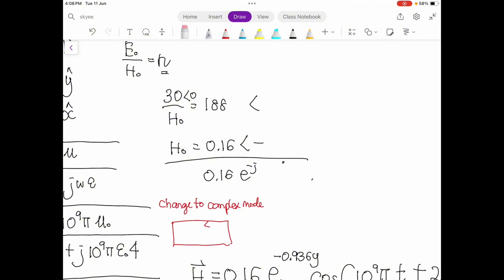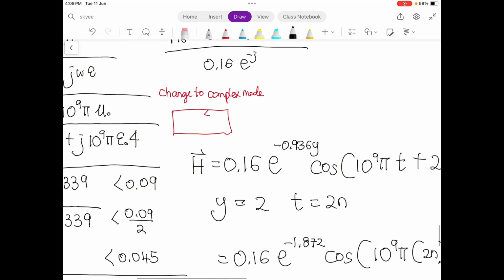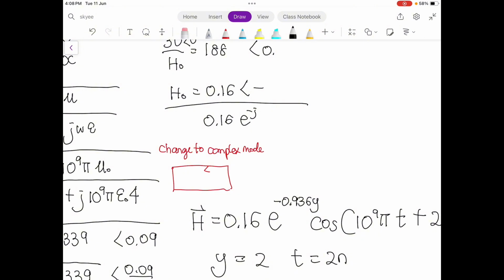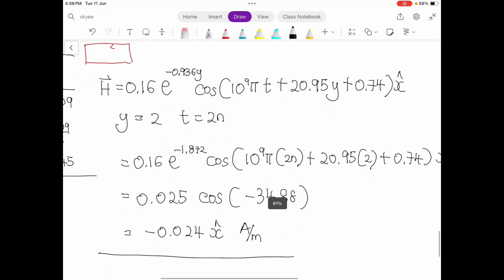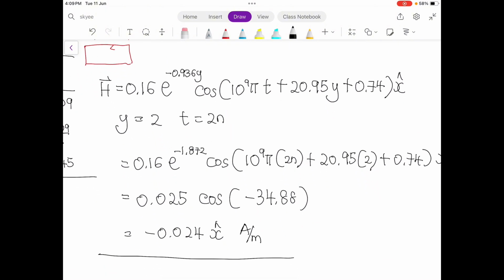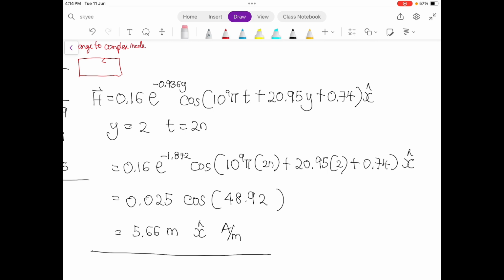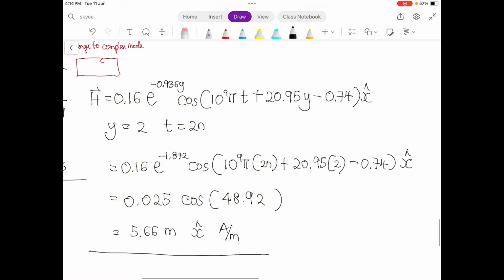So I can directly replace it with the angle. It's the same thing. Calculate again. Here is minus, minus, right? Let me try again.